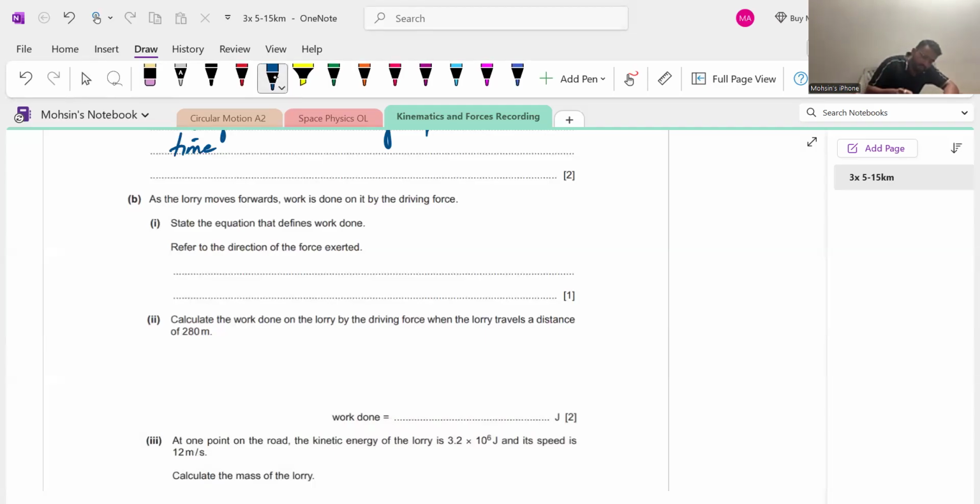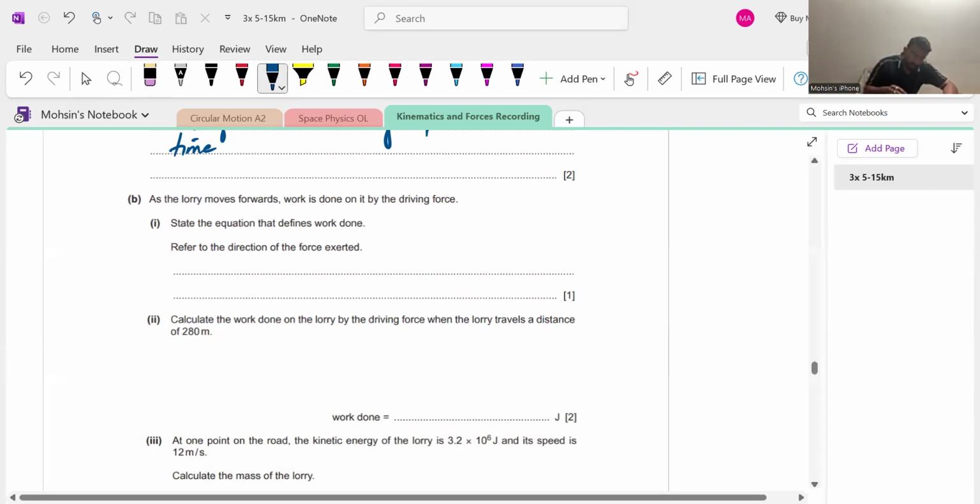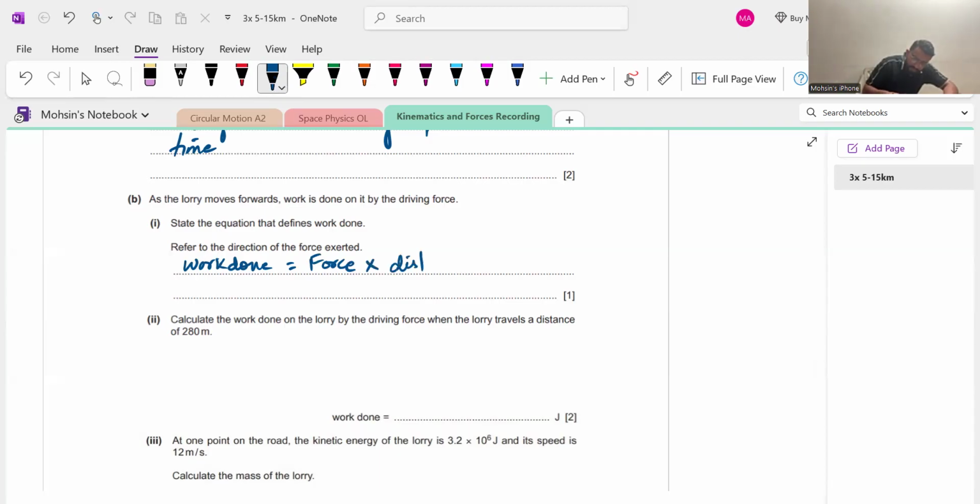The formula of work done is the product of force and distance covered in the direction of force.